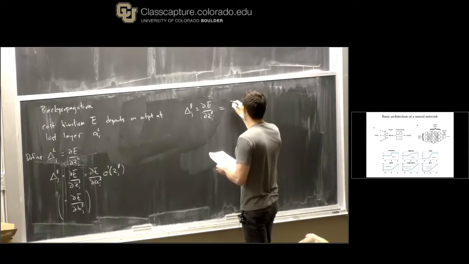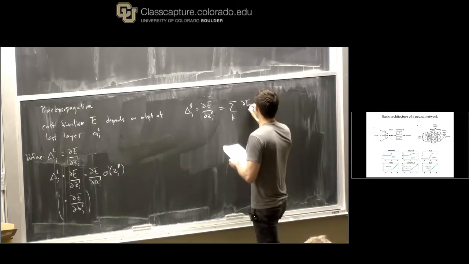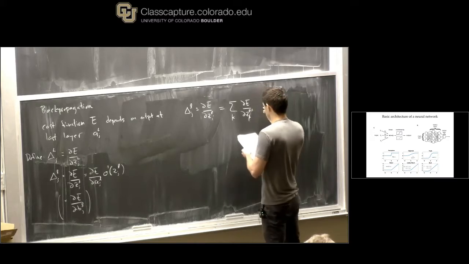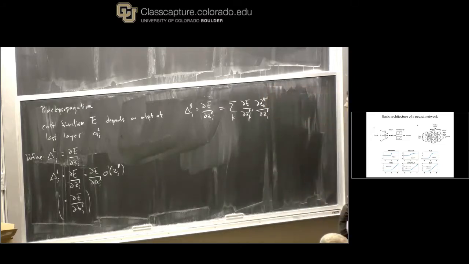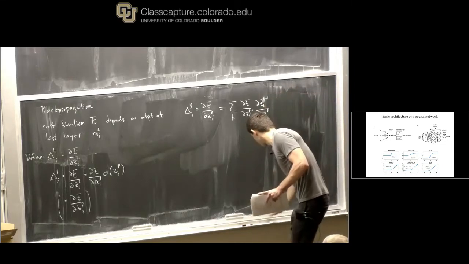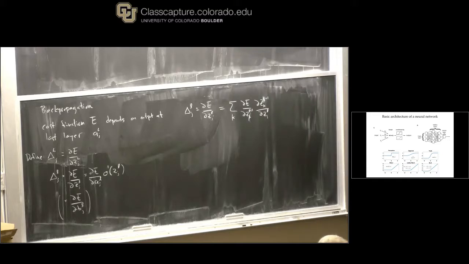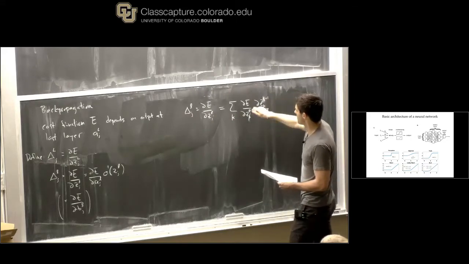So we can write down a chain rule that says let's sum over all the neurons K in the next layer and look at dE by dZ_K in layer L plus 1 times dZ_K of L plus 1 by dZ_J. Does this make sense? And then this here you recognize as the delta on the future layer.